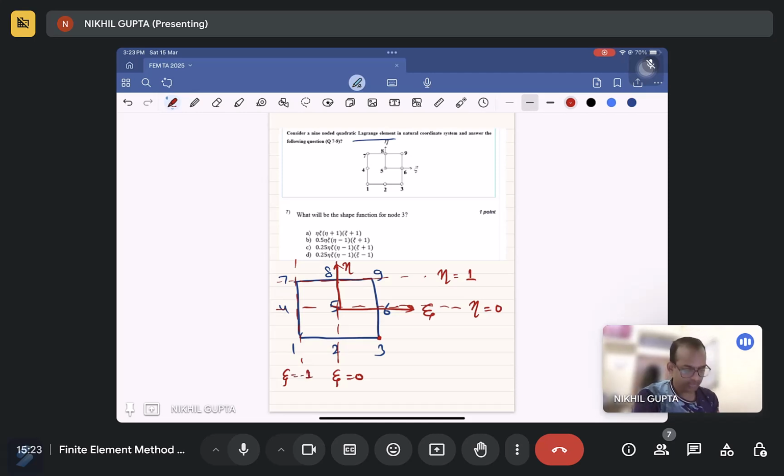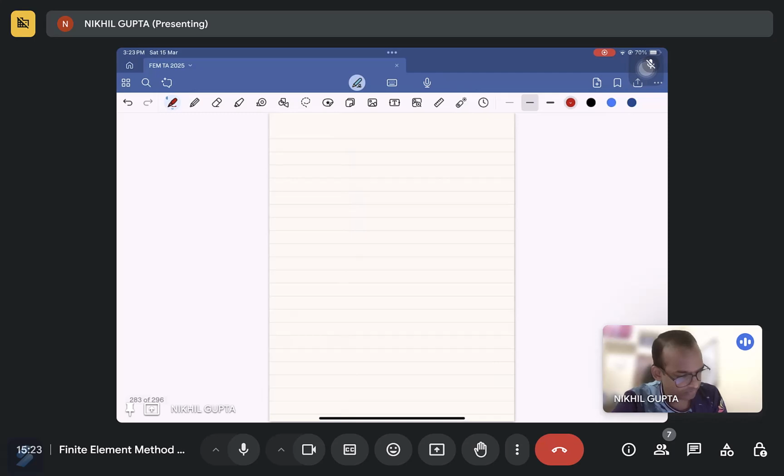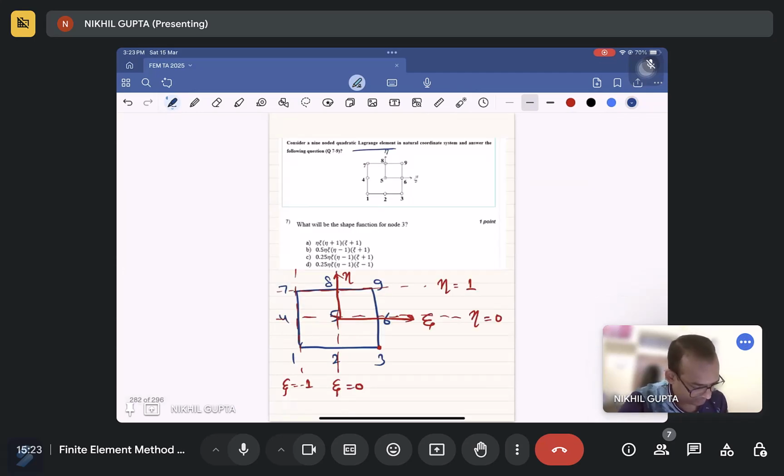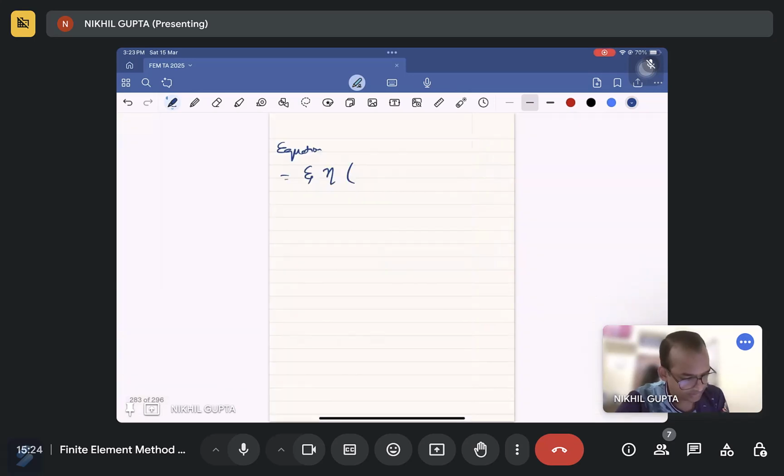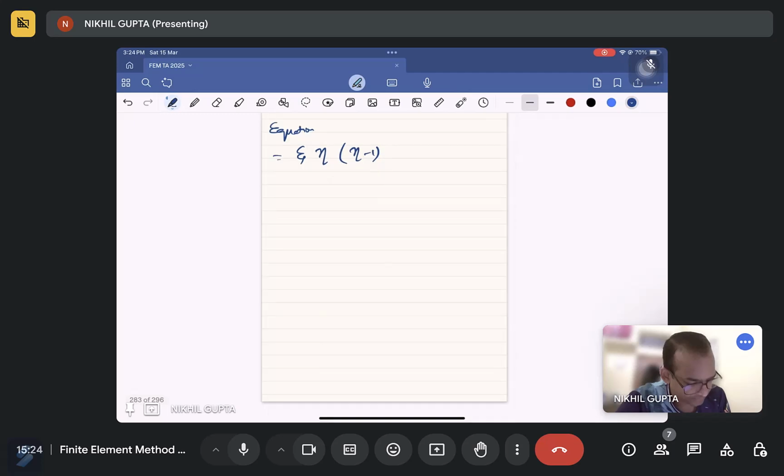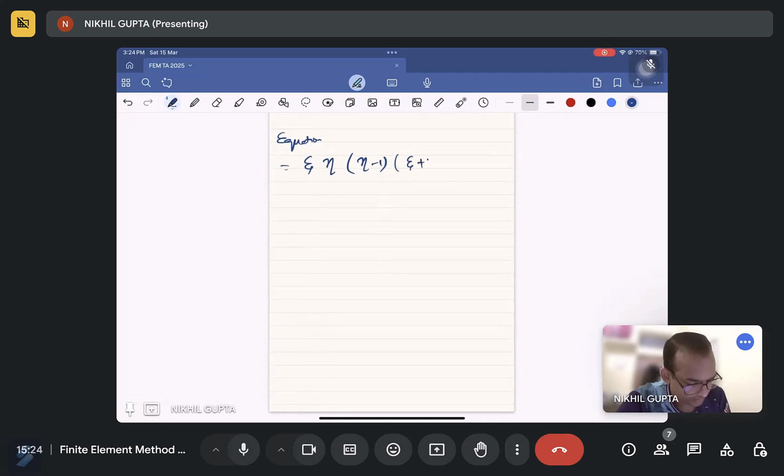Now you can write the equations in multiplication form. So one will be xi equal to 0, one will be eta is equal to 0, another is eta minus 1, and another is xi plus 1.